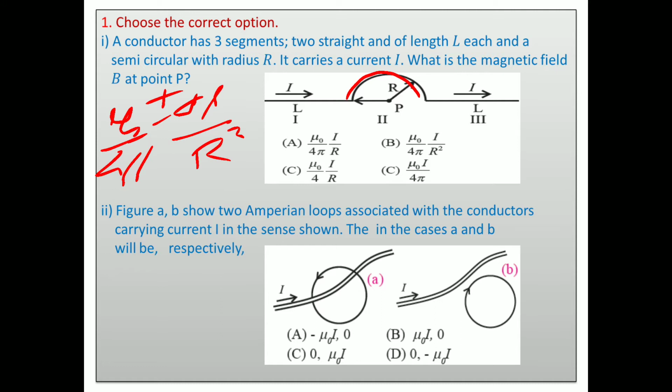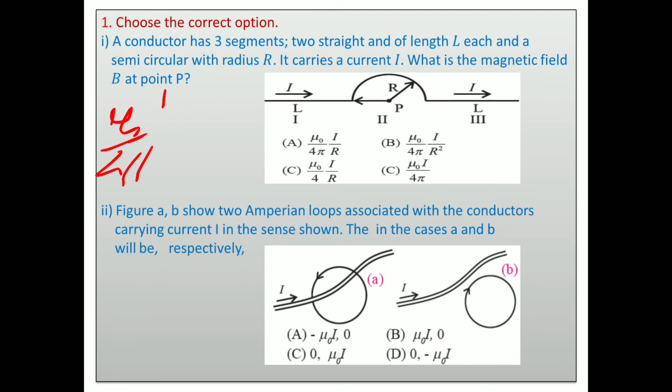What is it? The total circle is 2 pi r and the semicircle is pi r. So R gets cancelled, pi gets cancelled, and we get the answer mu naught upon 4, I upon r. This is your answer. Means the magnetic field at point P is only due to the semicircular part.